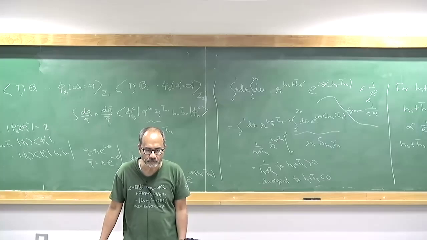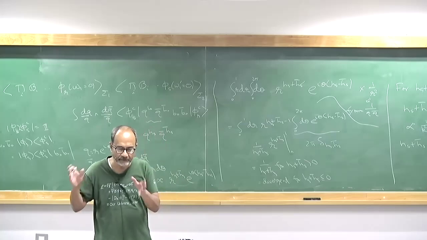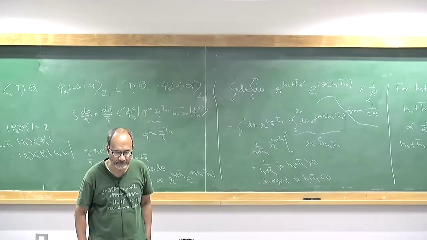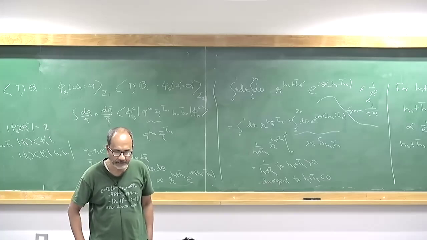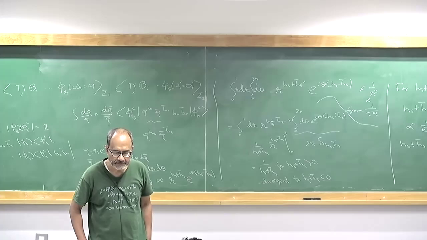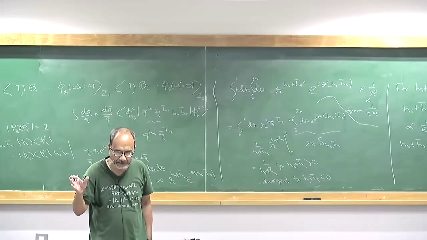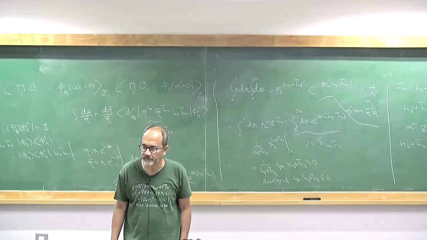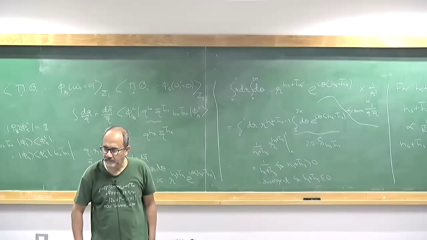This is also automatic in string field theory, because the off-shell string fields are required to satisfy the level matching condition. Same left, right, L0 and L0 bar, right? The oscillators can be different.